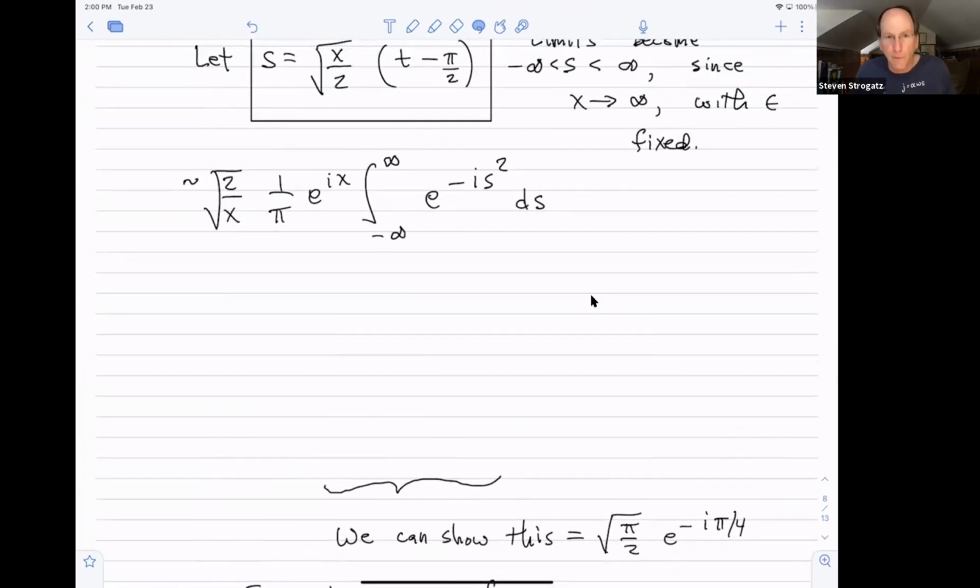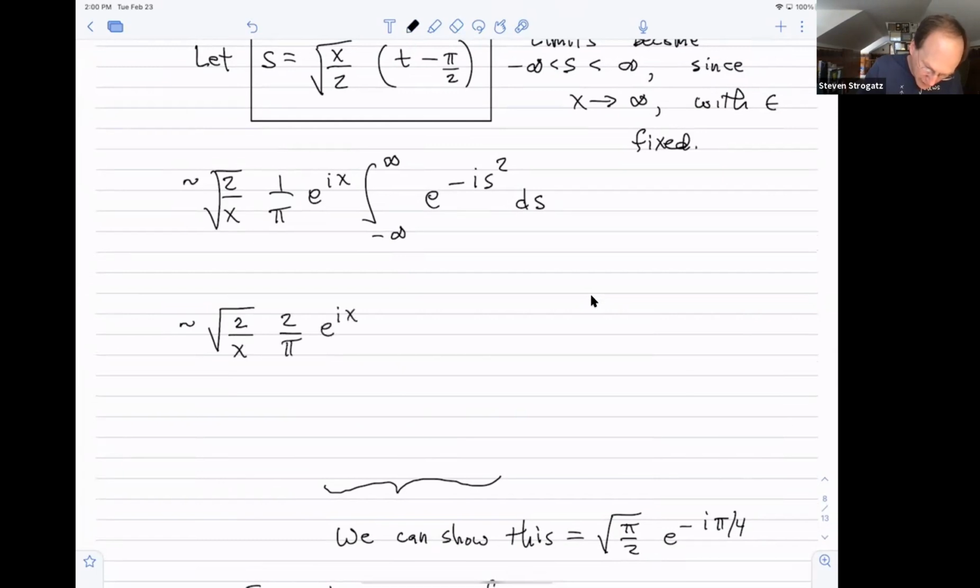Rather than do the integral from minus infinity to infinity that I've written here, let me do twice the integral from 0 to infinity. So I've got 2 over pi x.